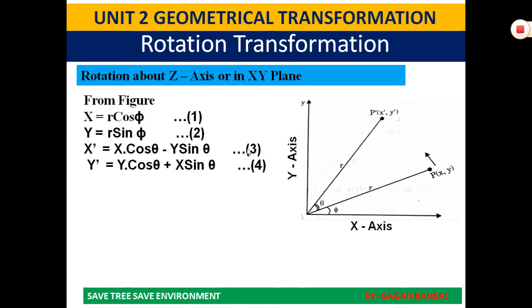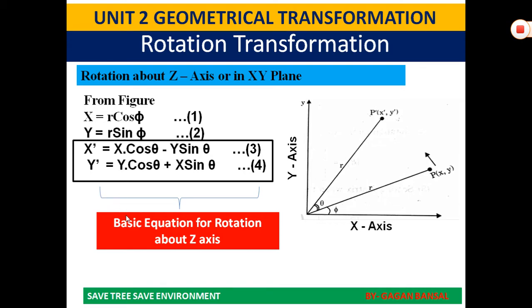Now in these equations 3 and 4, x dash and y dash are the final coordinates, that is coordinates after rotation, and x and y are the initial coordinates, whereas theta is the angle of rotation in anti-clockwise direction from point P to P dash. Very clear? This is your basic equation for rotation about z axis. Very important, this is the basic equation for rotation about z axis.